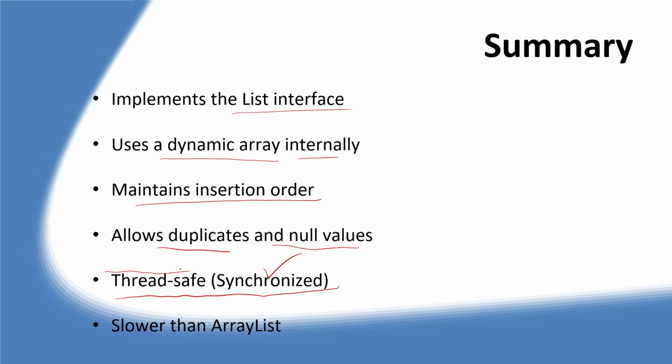Thread safety means some extra processing, so it gives slower performance. Since ArrayList is thread unsafe, it is faster in performance. So we can say Vector is slower than ArrayList.